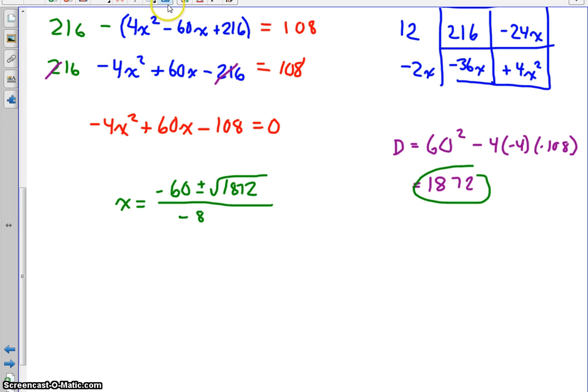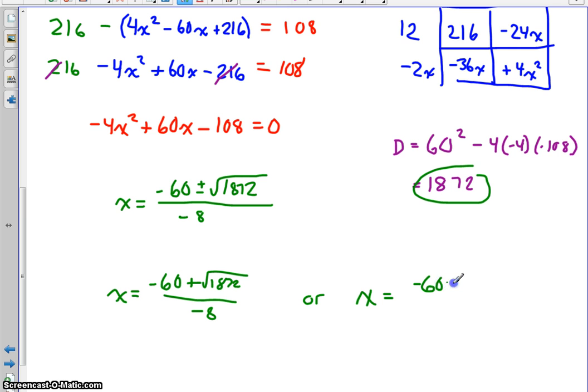I need to examine both of them to see if they make sense. So I'm going to have one at negative 60 plus the square root of 1,872 all over negative 8, or x is negative 60 minus the square root of 1872 all over negative 8. So I'm going to have to run both those through my calculator and see what I get for each one.